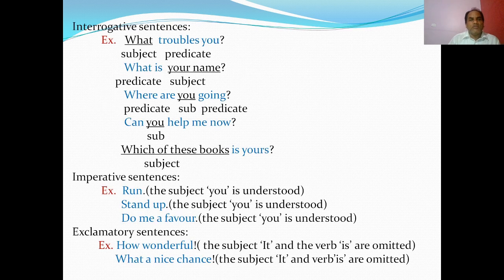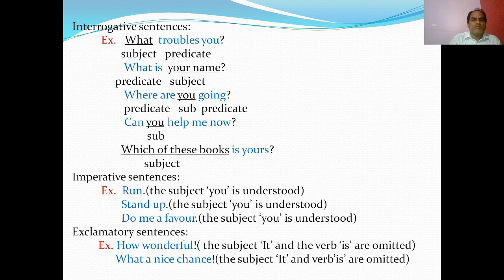We can find out the subject and predicate in declarative sentences or statements. So let us discuss how to know the subject and predicate in interrogative sentences. We know interrogative sentences have two types, yes-no questions and WH questions. So let us start with the WH questions.